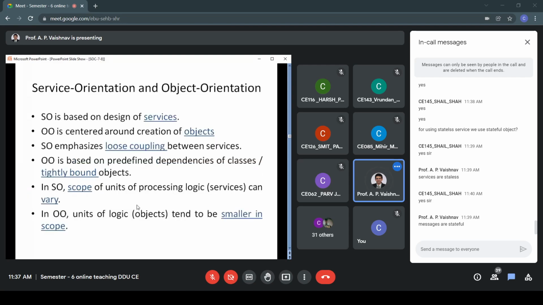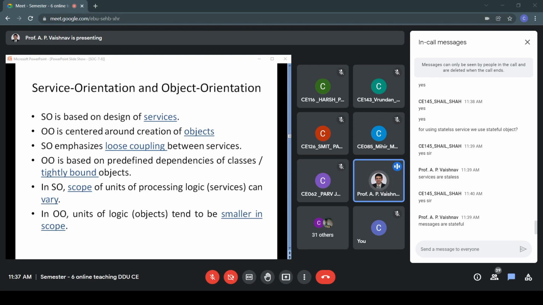Okay. So let us start with the first point. Service orientation is focusing on service design, while object orientation focuses on object design. Very obvious point, right? Service orientation emphasizes loose coupling between services, obviously, because otherwise we'll have a coupled solution. While object orientation is based on objects, and objects are inherently tightly bound to each other.